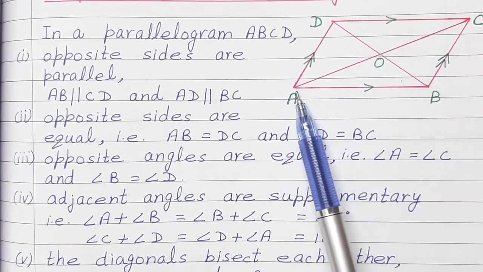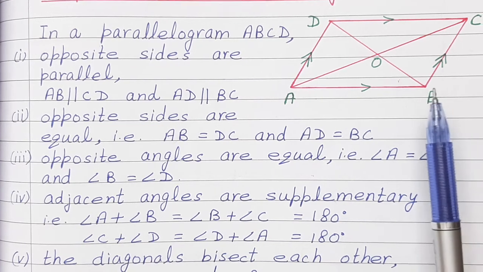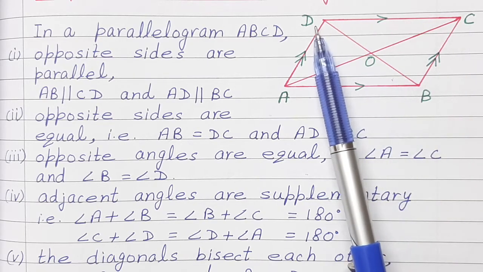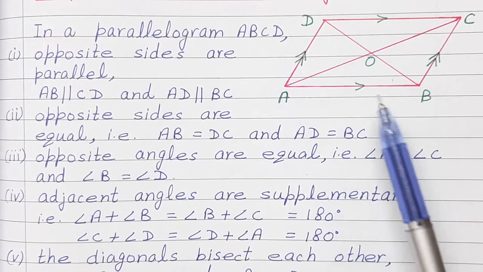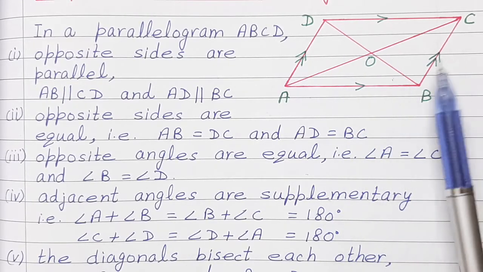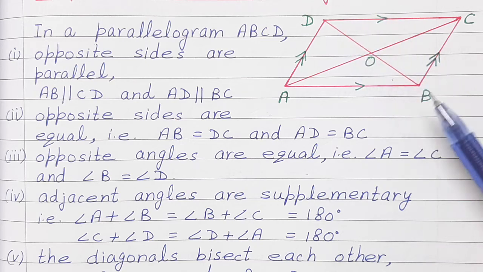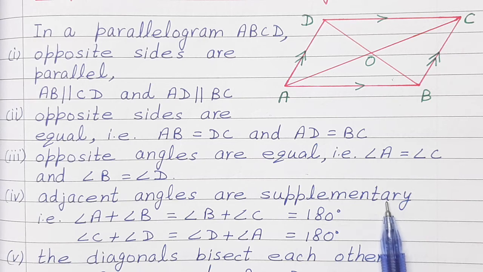Therefore, angle A plus angle B is 180. Similarly, angle C plus angle D is also 180. Right? And if the other two lines are parallel, then angle A plus angle D is 180. Angle B plus angle C is also 180. So we can say that the adjacent angles are supplementary.